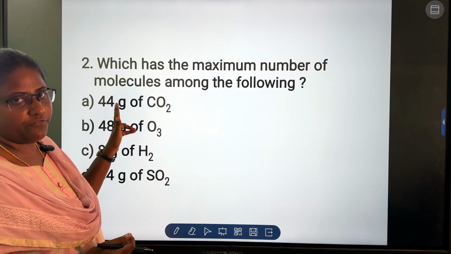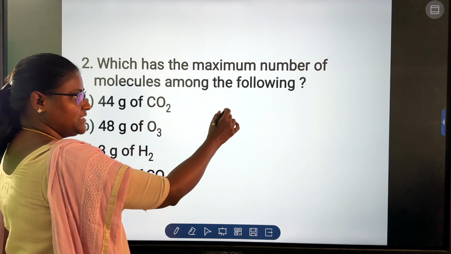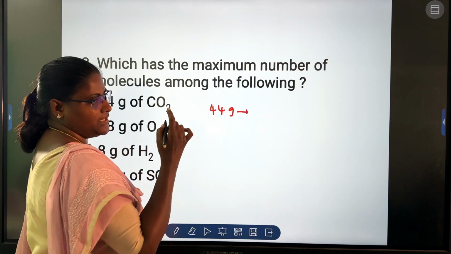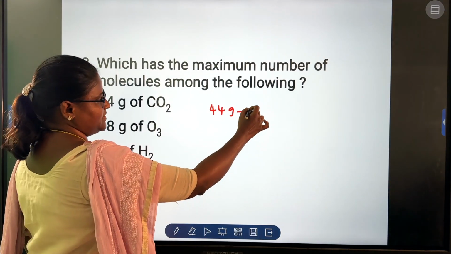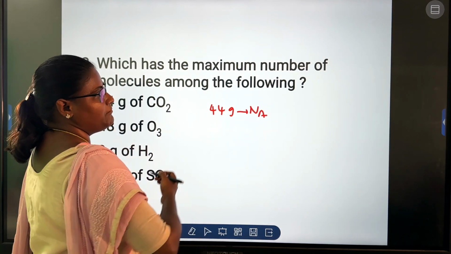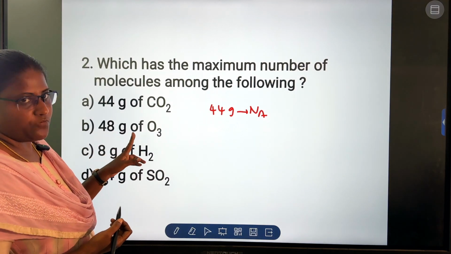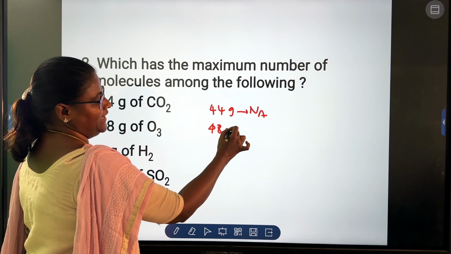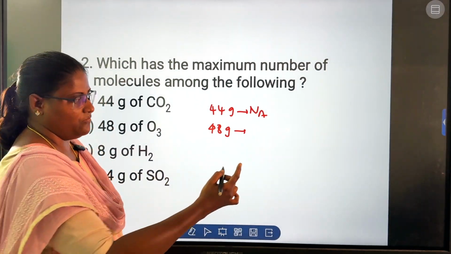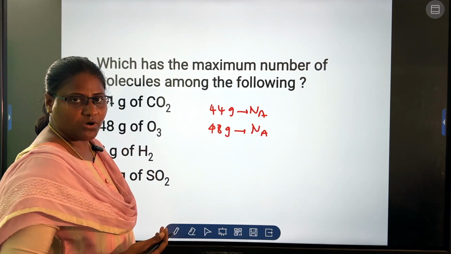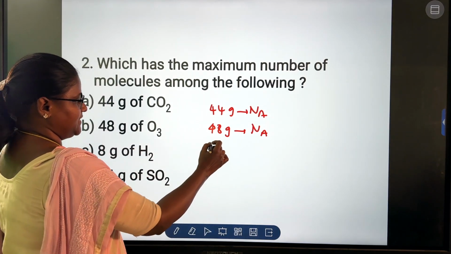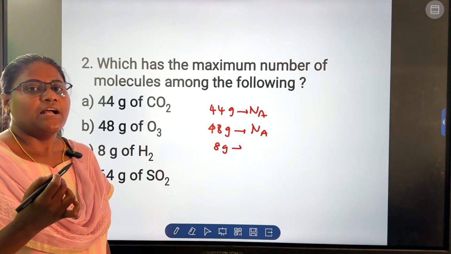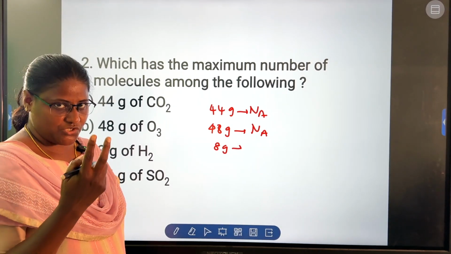It says 44 grams of carbon dioxide, and the molecular mass of carbon dioxide is 44. So 44 grams contains 1 mole of the substance, which is nothing but the Avogadro number of molecules. Again, it is 48 grams of ozone, and the molecular mass of ozone is 48. So 48 grams is again 1 mole, which contains the Avogadro number of molecules. The third option says 8 grams of hydrogen, and we know very well the molecular mass of hydrogen is 2 grams.